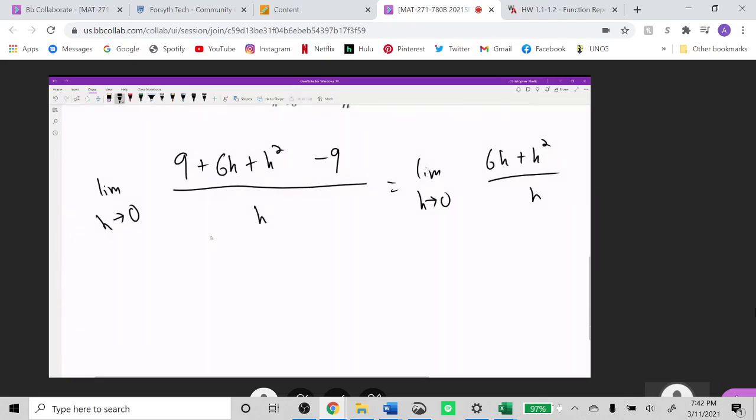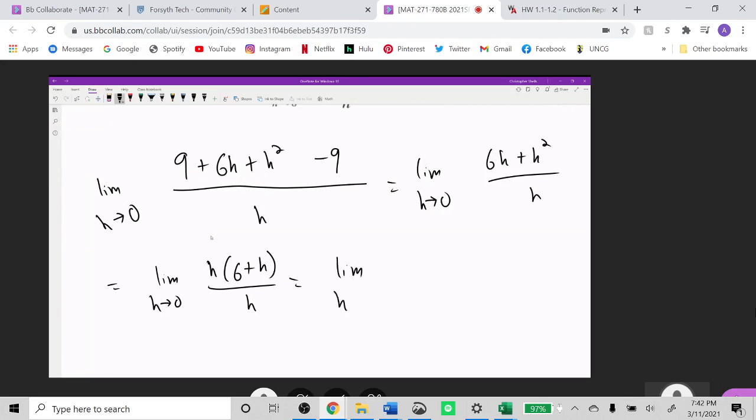I still can't plug 0 in directly because I'd be dividing by 0. But what I can do is factor an h out of everything in my numerator. This allows me to carry out this division, which cancels the h in the numerator and denominator.